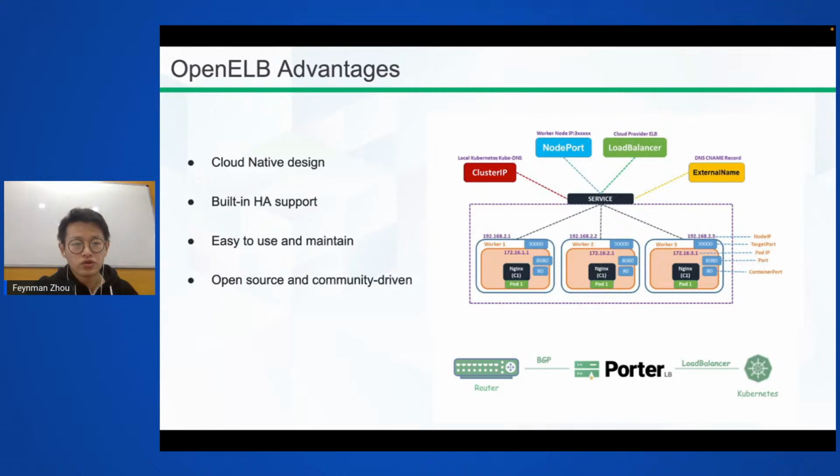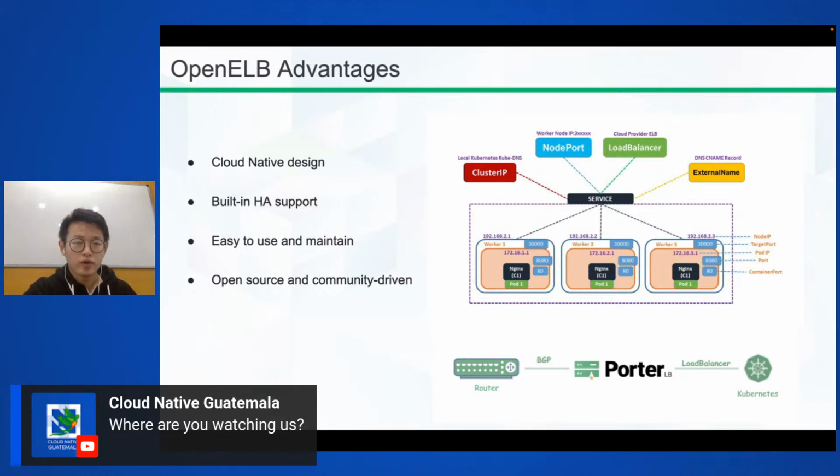Let me briefly introduce why you need OpenELB. A lot of folks might ask about the comparison between OpenELB and MetalLB or other load balancer implementations. Briefly speaking, OpenELB has a cloud native design.